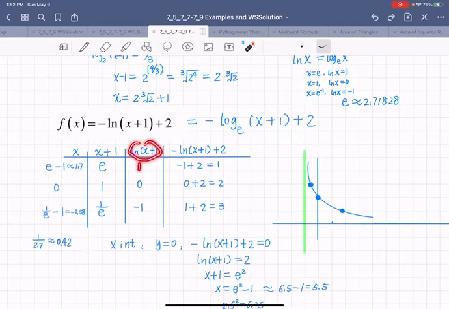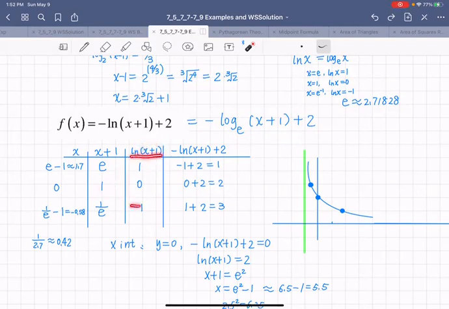If this is 1, x plus 1 will equal e to the power 1. So x plus 1 equals e. If this guy is 0, x plus 1 will equal e to the power 0, which is 1.